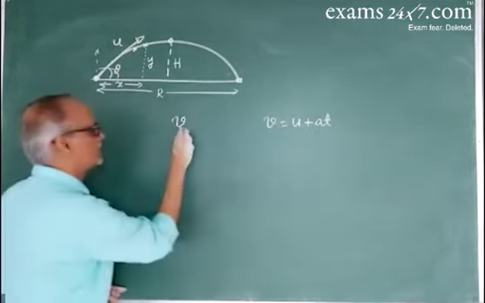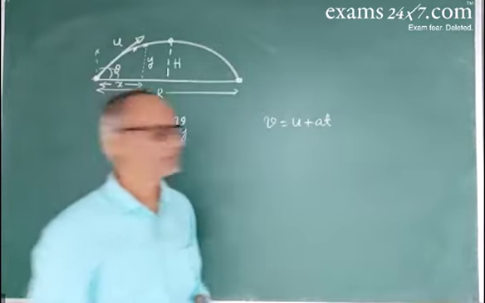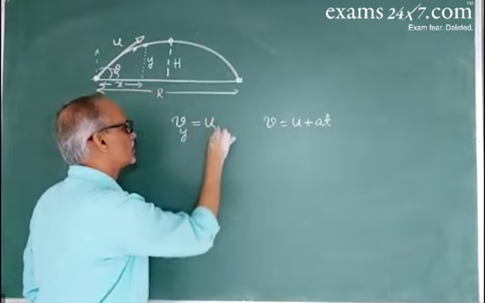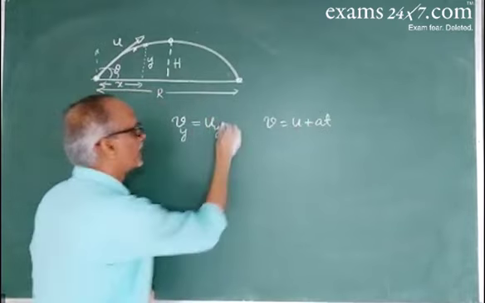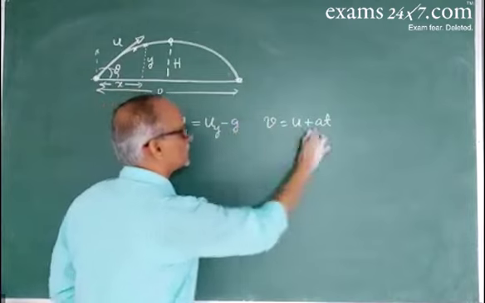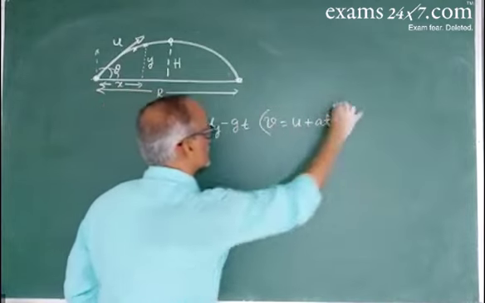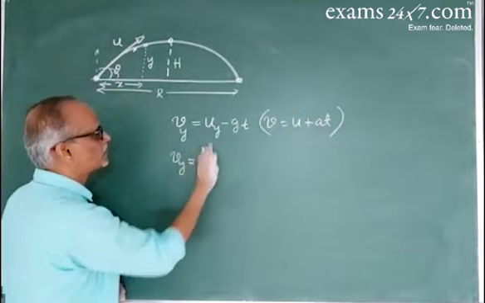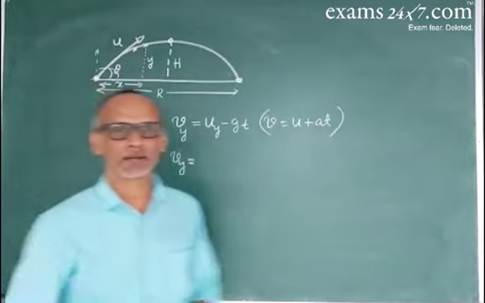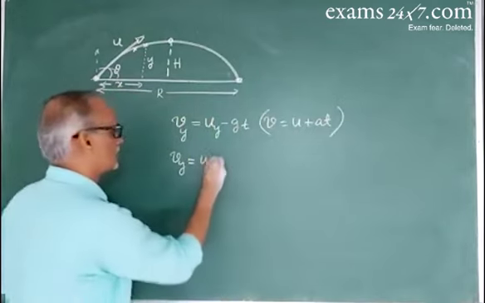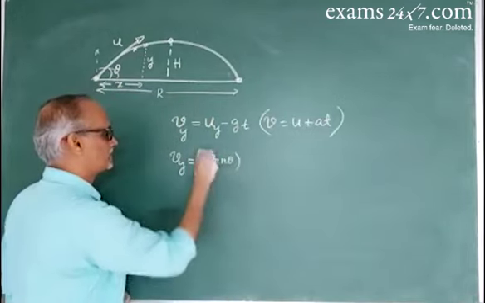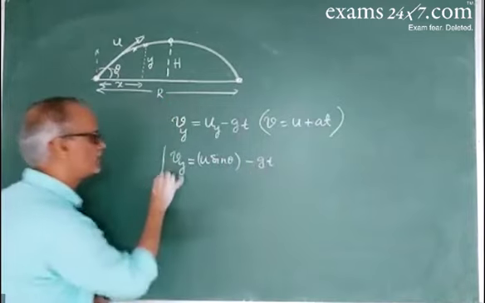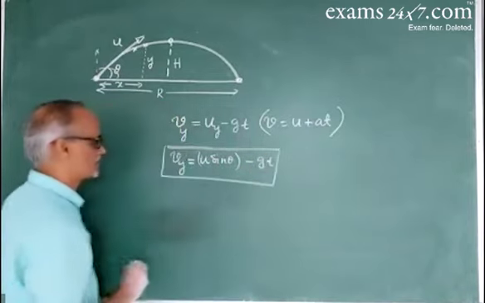So first find the velocity along the vertical, which is vy, equals the initial velocity along the vertical, which is uy, minus g into t. What is the initial velocity along the vertical? It is u sine theta. So vy is u sine theta minus gt.